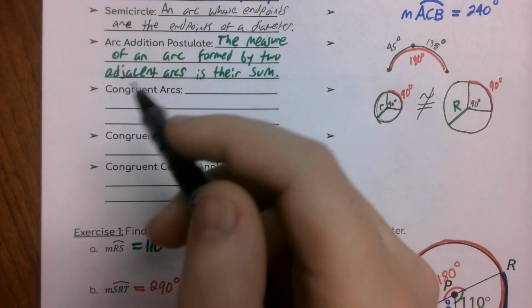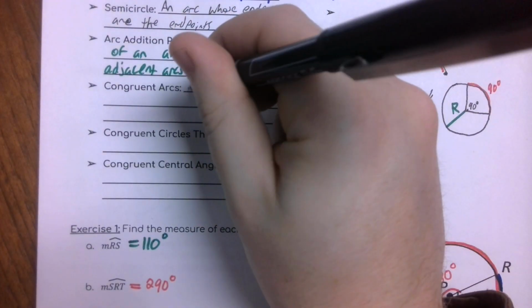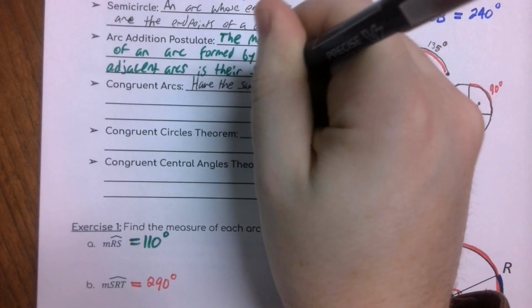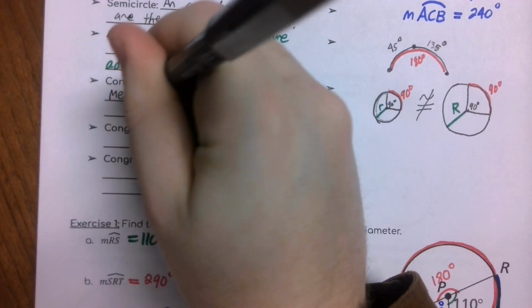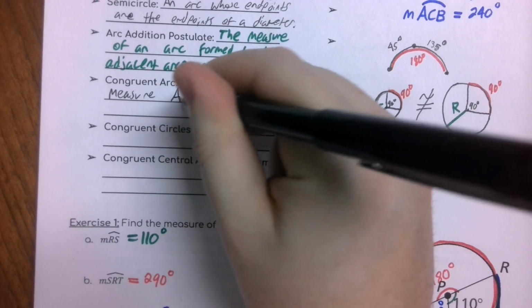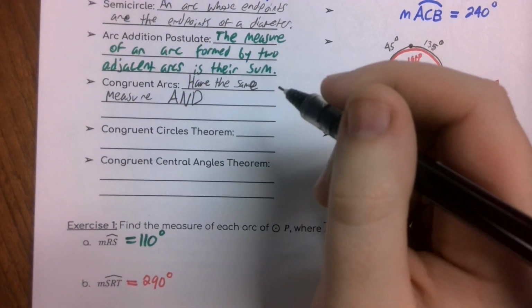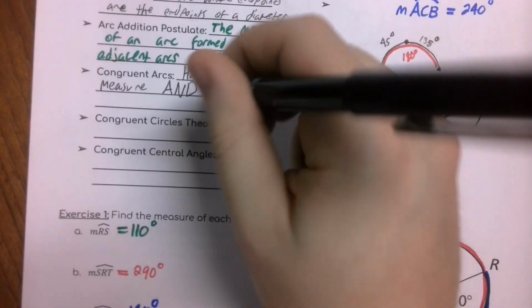Congruent arcs must have the same angle measure, and they must be arcs of congruent circles.